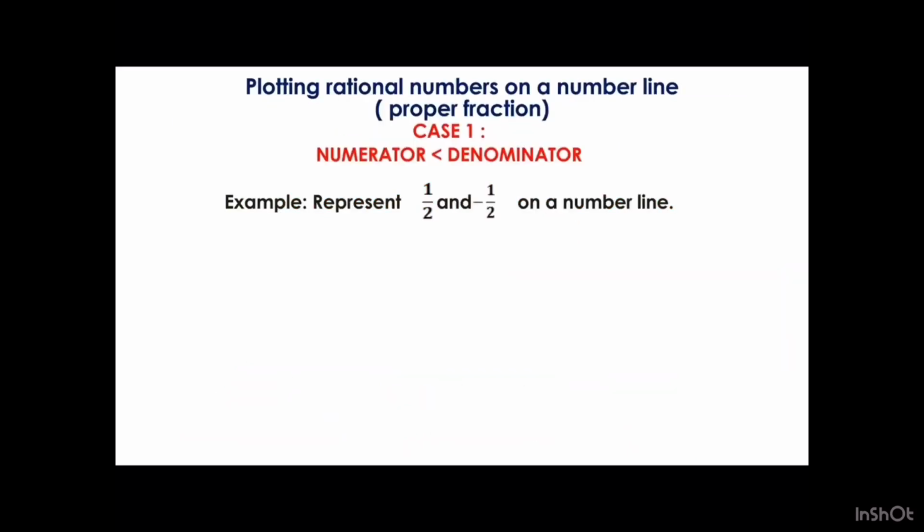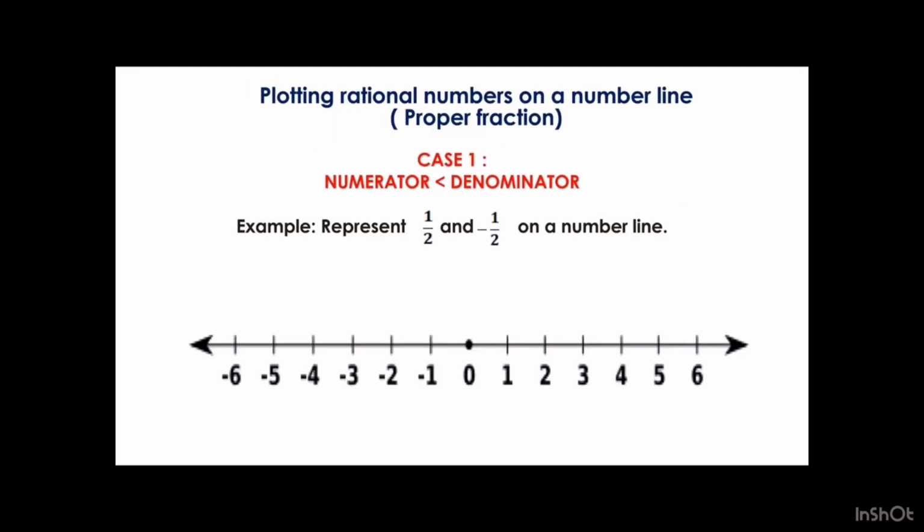Now, let us understand how to plot rational numbers that are proper fractions on a number line. Represent 1 by 2 and minus 1 by 2 on a number line. First, we will draw the number line in this way.